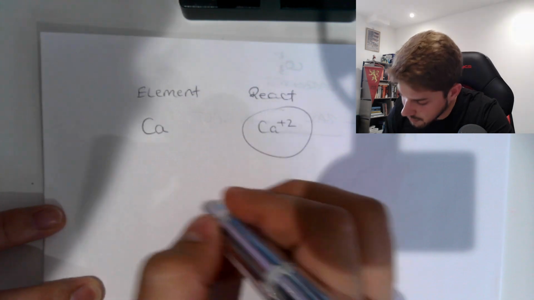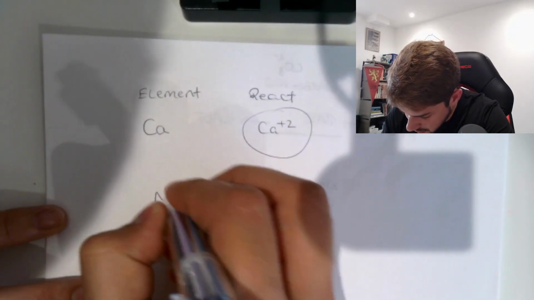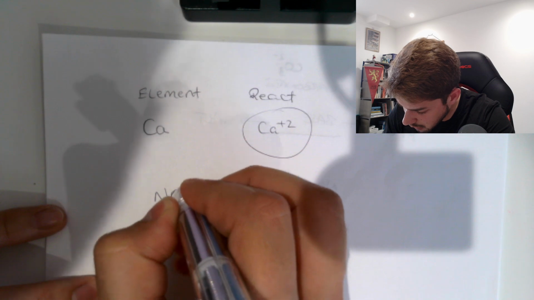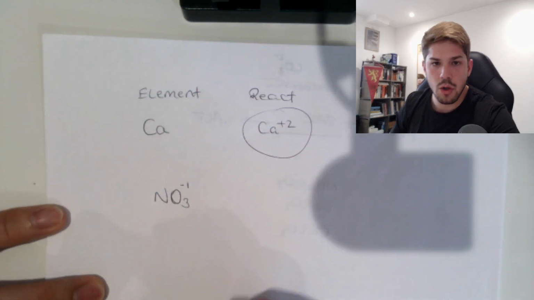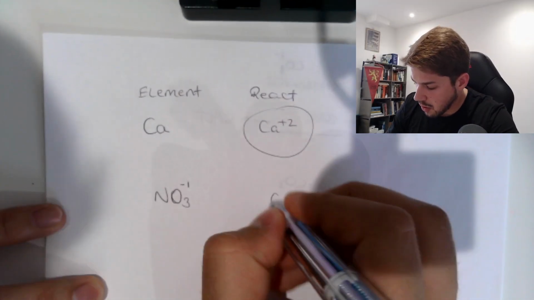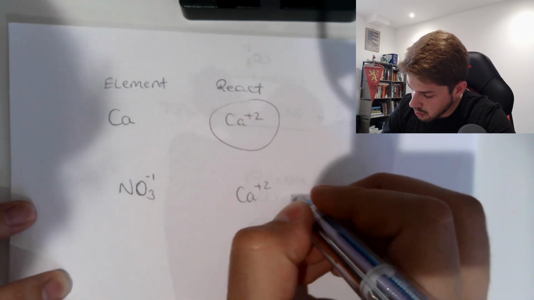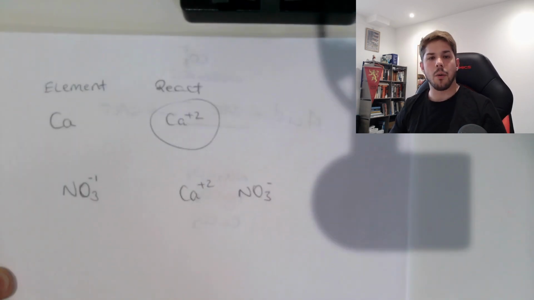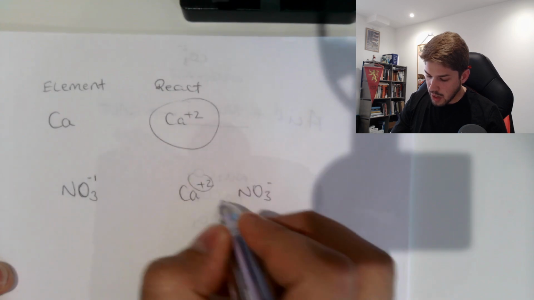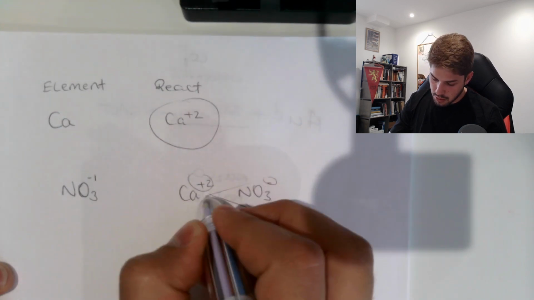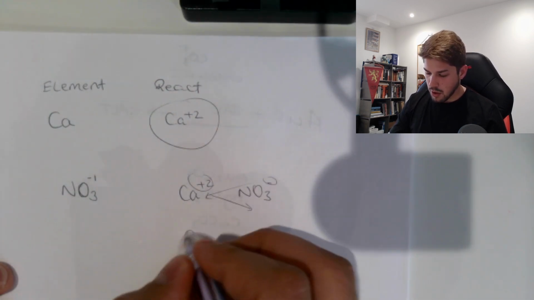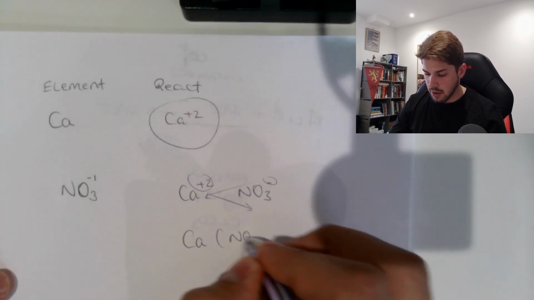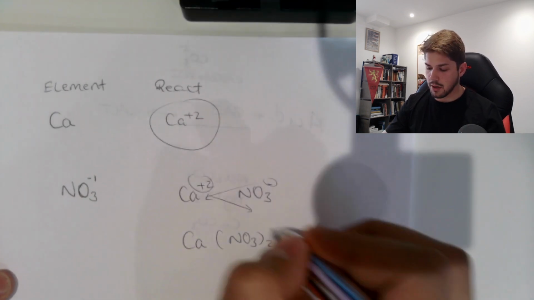And then we have the group nitrate. Nitrate is always NO3, 1 minus. So we have two ions. Calcium plus 2 and nitrate minus 1. What do we do in here? They need to exchange the values. Okay? So it's going to be calcium, we're going to have 1 calcium, and nitrate, we're going to have 2 nitrate.